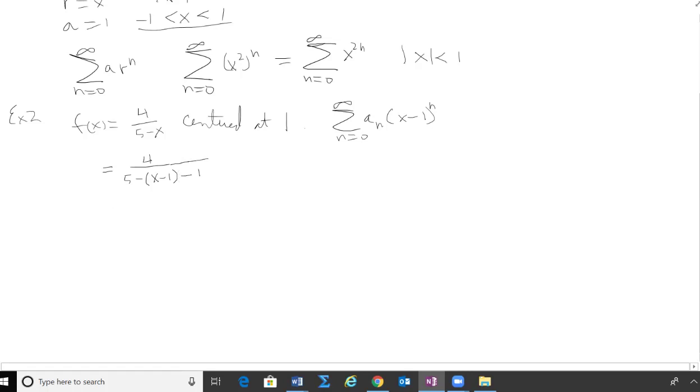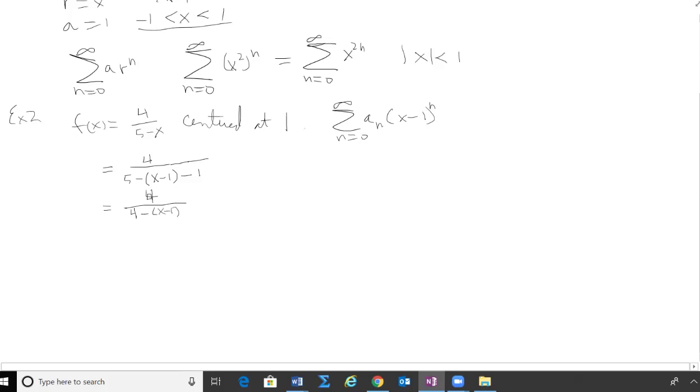If I undo this, I'll just have a 1 minus a 1, which disappears. So that's good. But now that makes this 4, like so.